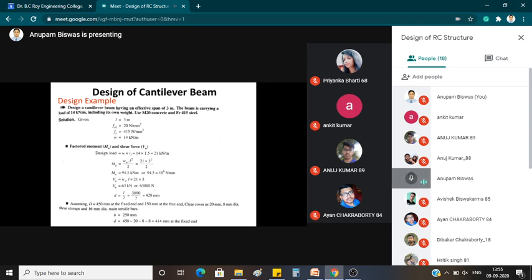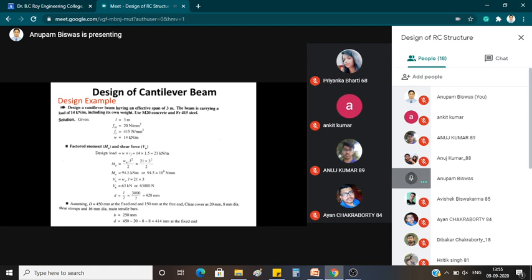First we have to calculate the factored moment and factored shear force by multiplying with the factor of safety 1.5. So design load is 21 kilonewton per meter.